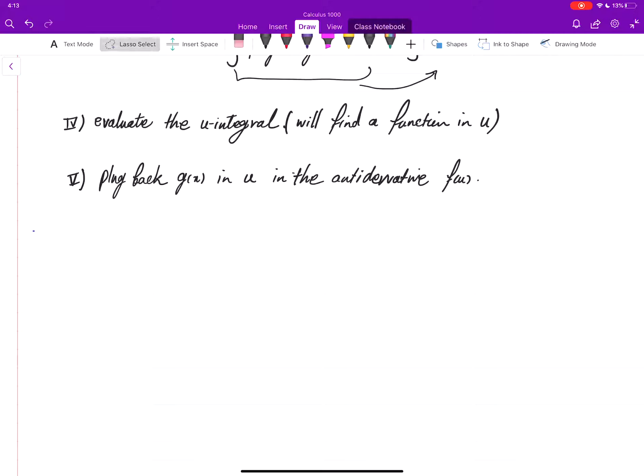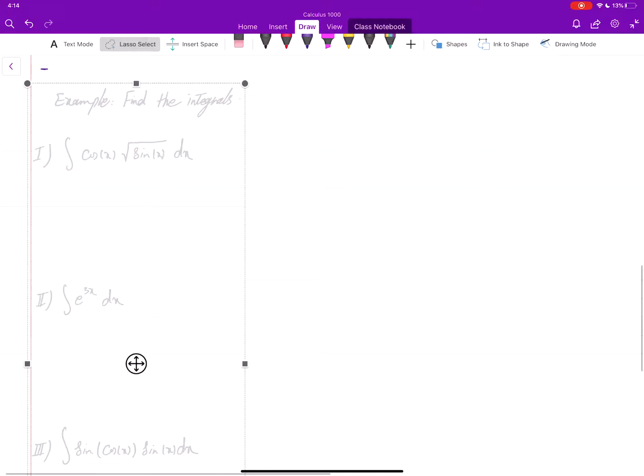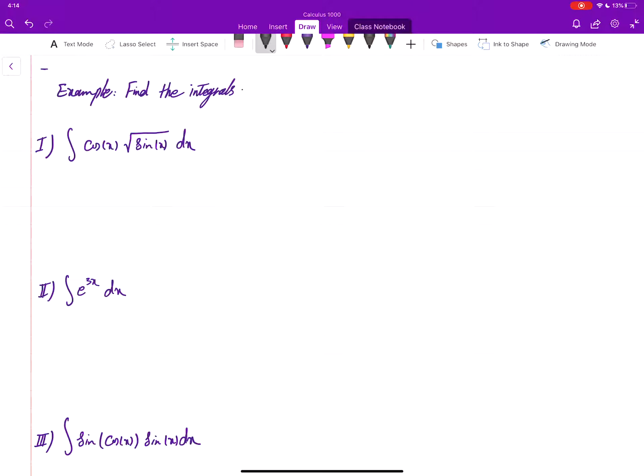Let's do some examples here. Very nice. Here, I have the integral of cosine x times root sine x. So I'm looking for the pattern.